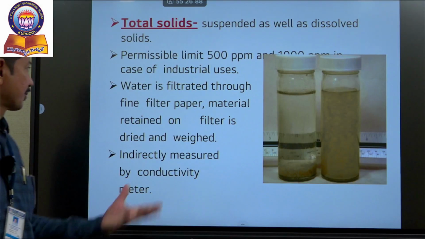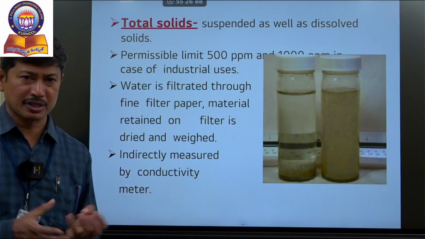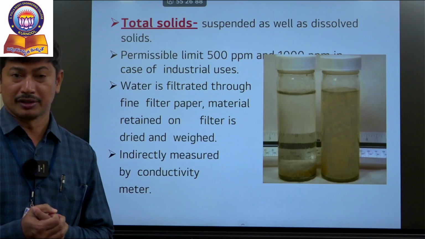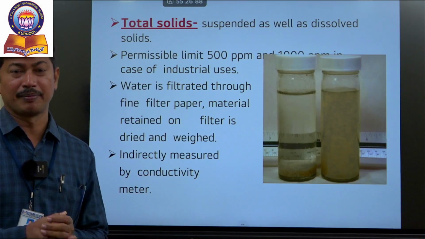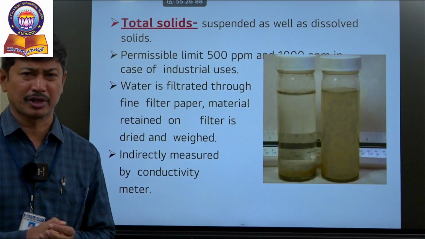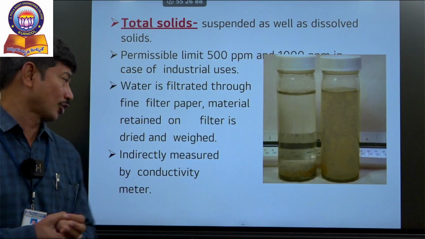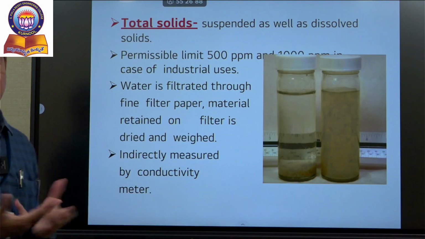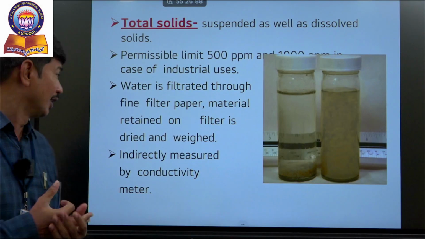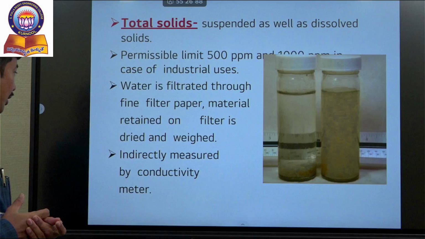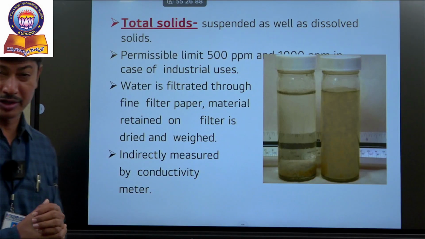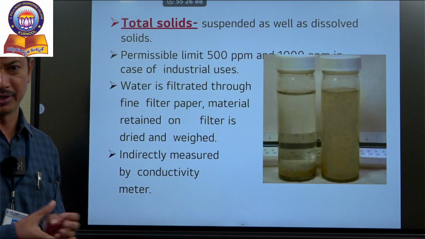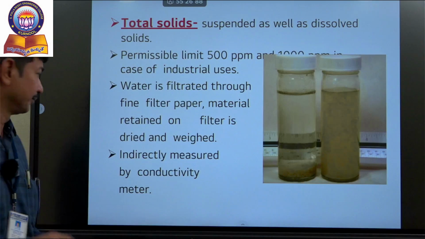Solids are classified into suspended solids, colloidal solids, and dissolved solids based on size, and into organic and inorganic solids based on character. From the drinking water point of view, TDS, total dissolved solids, is very important. It is measured with a conductivity meter, or in the laboratory by evaporating water after 1 micron filtration.